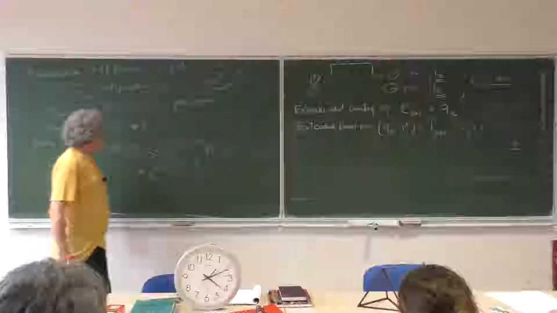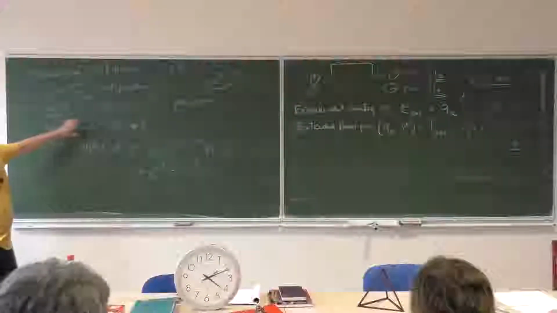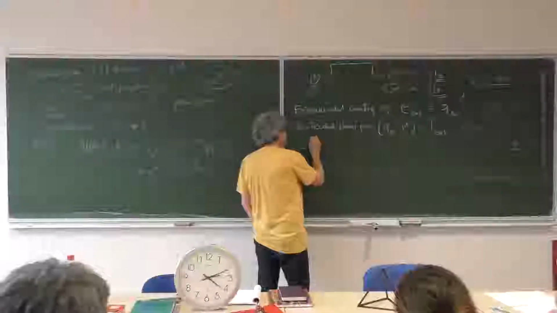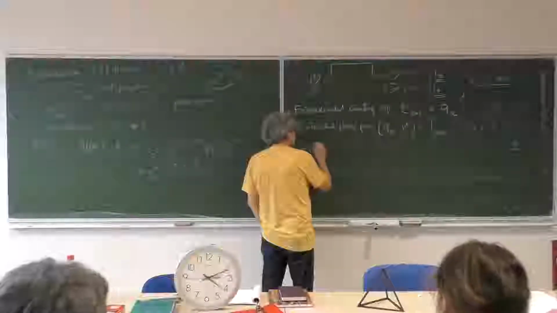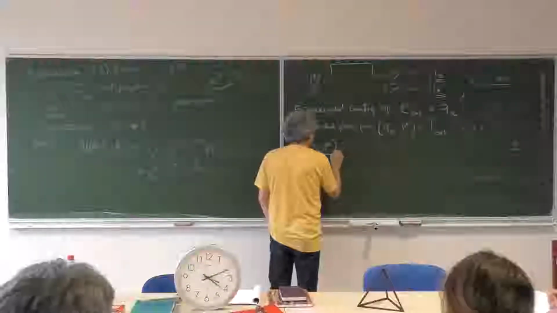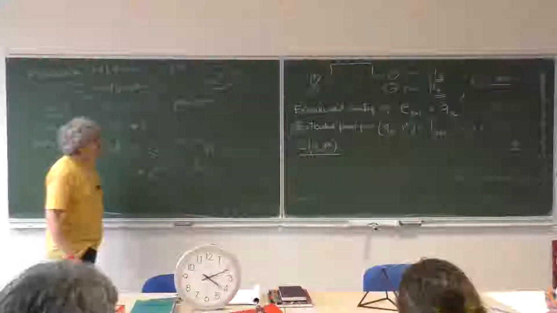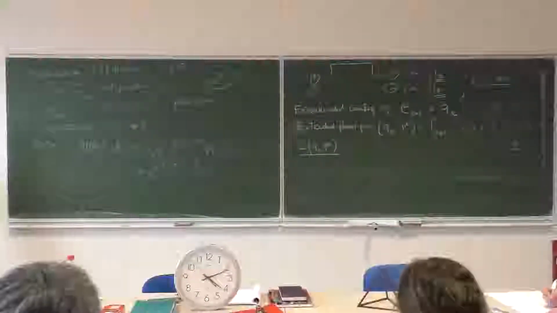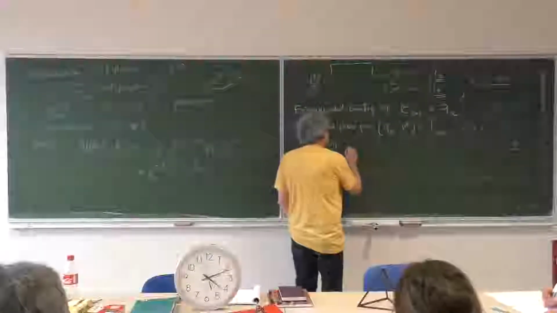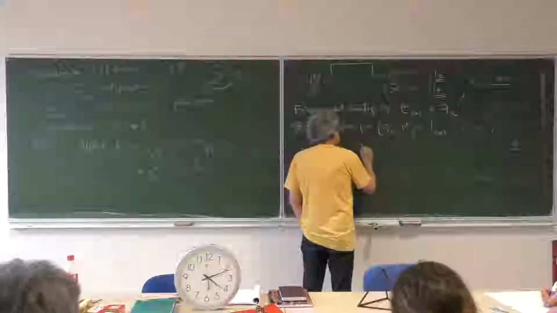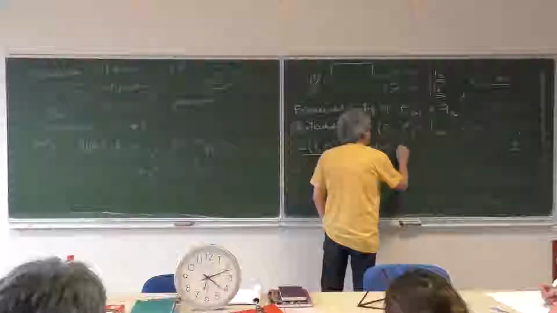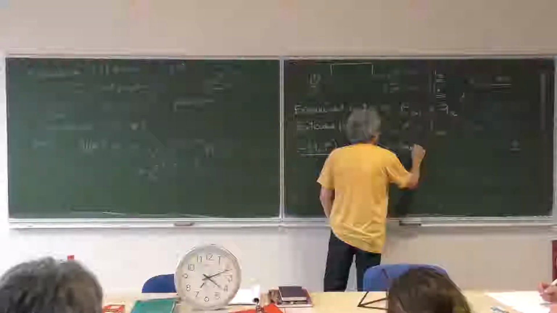Now, the dynamics in this language is not given by the Hamiltonian, but by a single function on the extended phase space, a function of QA, PA, which has many names. It's called the relativistic Hamiltonian by some people.